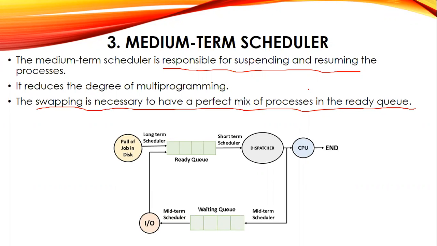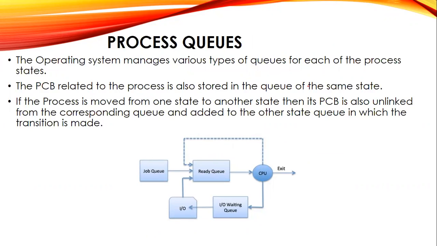Okay. While we were explaining the schedulers, we also talked about the queues, but here we will see them in more detail. The operating system manages various types of queues for each of the process states. The process control block related to the process is also stored in the queue of the same state.